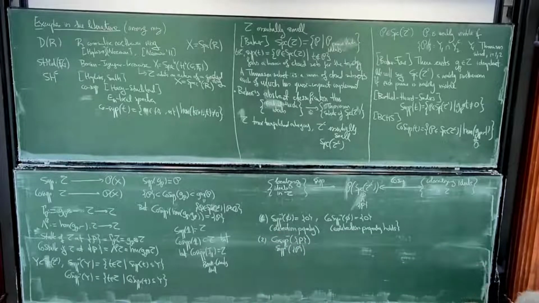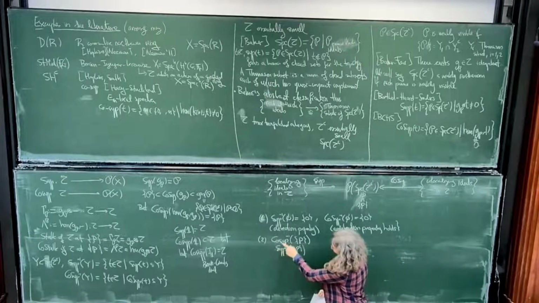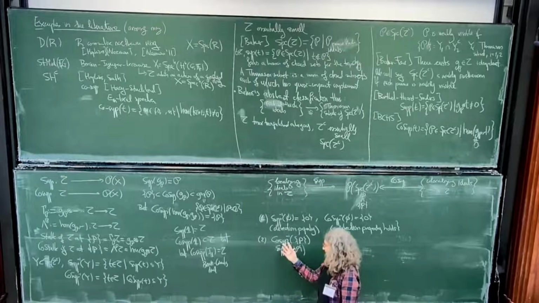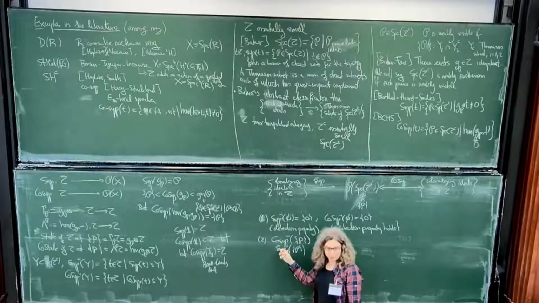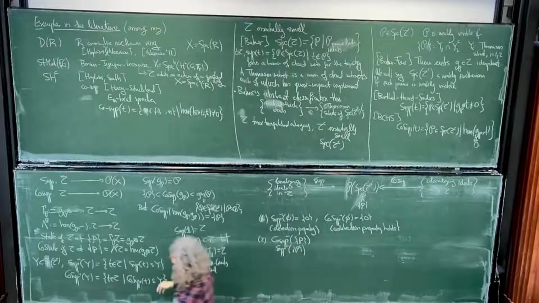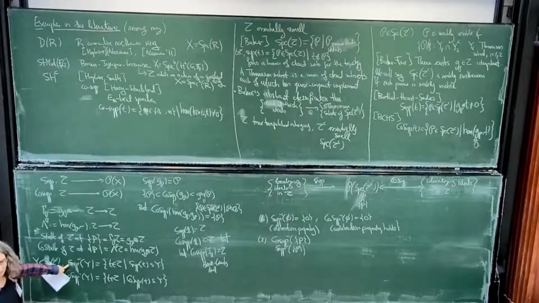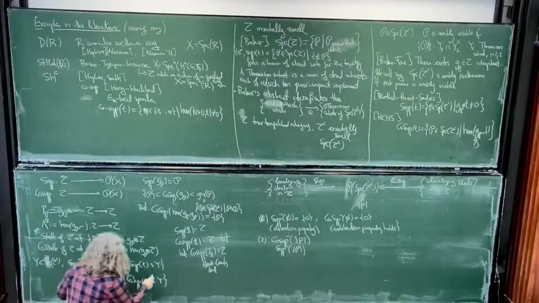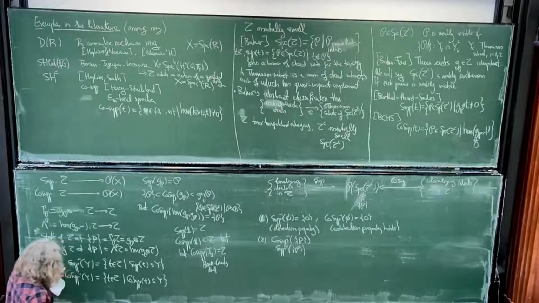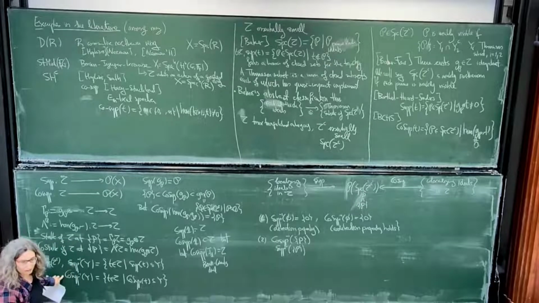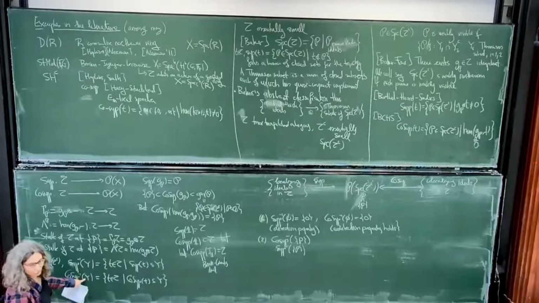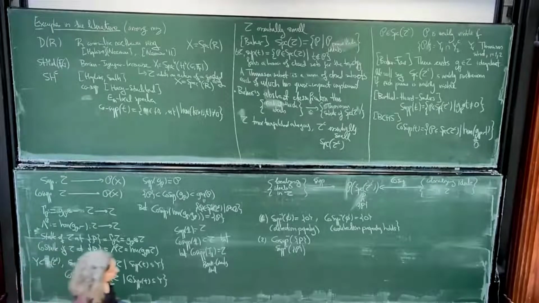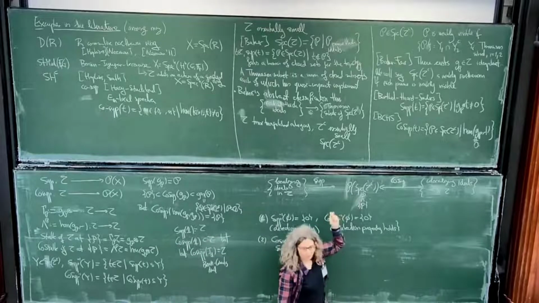Minimal in the sense that between 0 and this, I didn't say anything, but the properties of the cosupport ensure that this is localizing and this is colocalizing ideals. Okay? So from the properties we know that they are already localizing and colocalizing ideals. But if you write the singleton here, they should be minimal. There should be nothing in between, because there is nothing in between the empty set and the singleton.